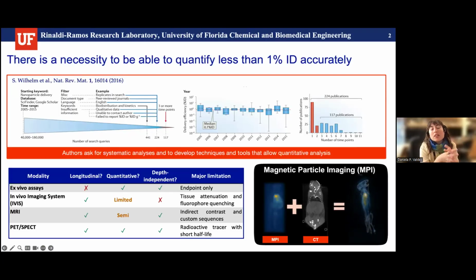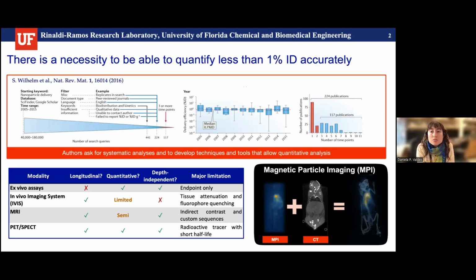Just to start, a brief introduction. As you may know, there is a necessity to be able to quantify small amounts of particles being injected into mice or subjects for treatments. And in different reviews and meta-analyses, we see that less than 1% of the injected dose is currently reaching solid tumors.